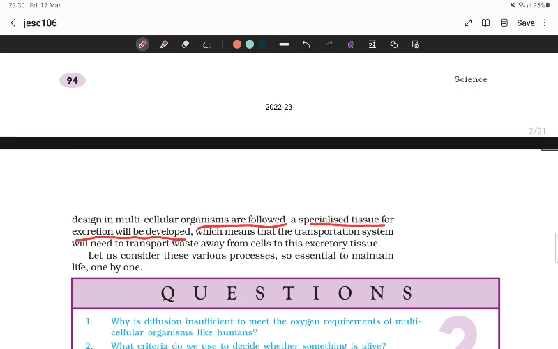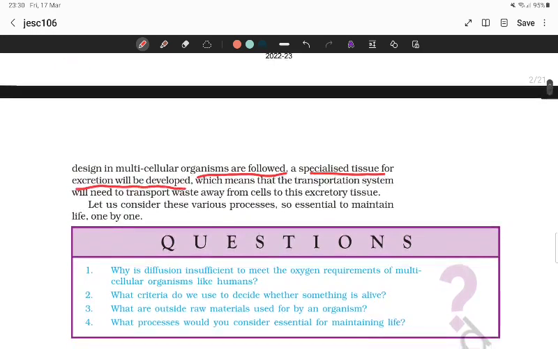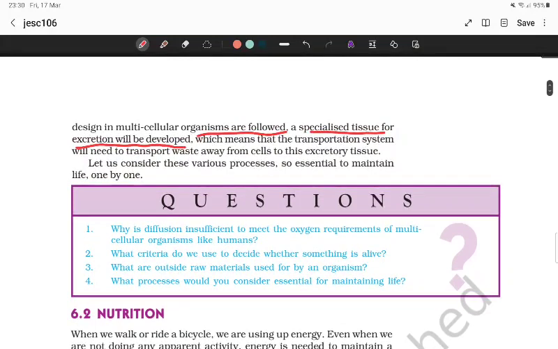So what are they? The first is nutrition, second is breathing or respiration, third is transportation, and the fourth one is excretion. So we can proceed further, and we will do the first topic of the chapter, nutrition, in our next class.